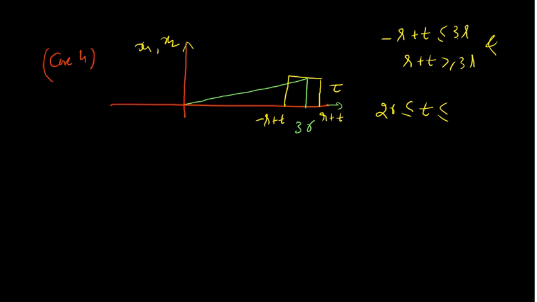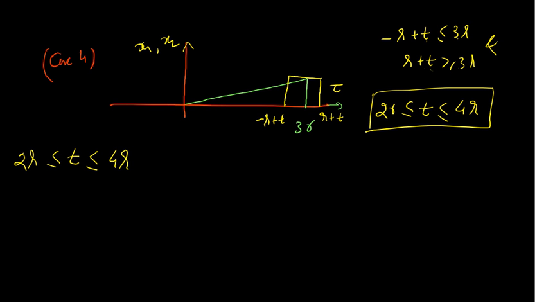When your t is greater than 2r but less than 4r, so this case 4 is when your shifting is between 2r and 4r, then such a scenario will be true, and for the limit of integration you have to find the region where both of these are non-zero.